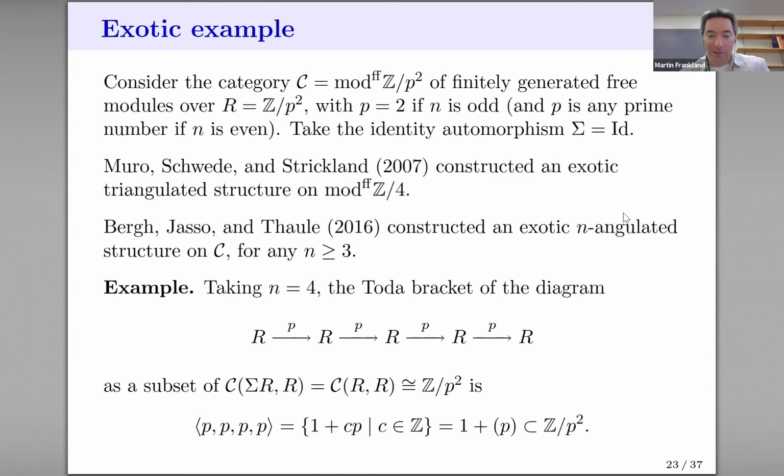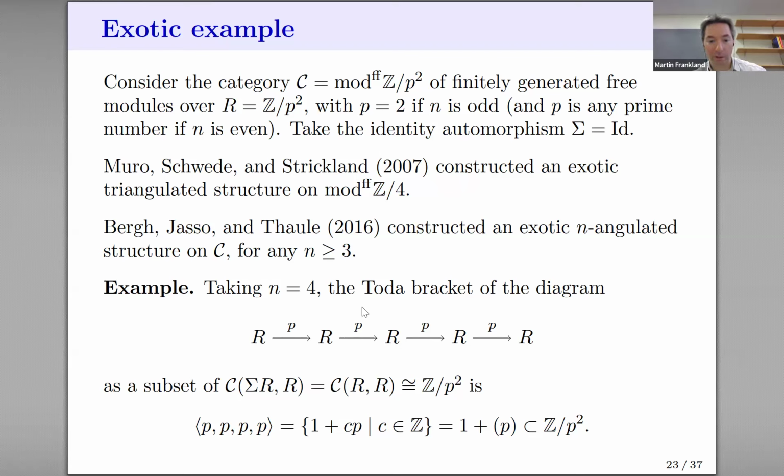Let me just spell out this example. If you take n equals 4, then because n is even, I'm allowed to pick any prime p. I'm not forced to take p equals 2. That's the business with the sign. The sign rules change depending on the parity of n. So here you can pick any prime p. And let's look at this diagram. It turns out to be one of the n-angles, actually. And when you compute the total bracket, you end up with this set.